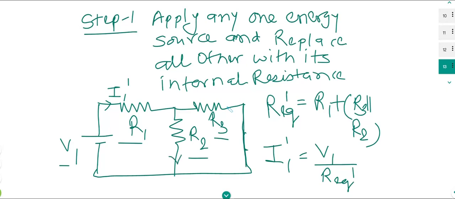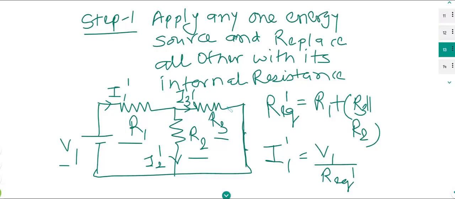Now you can find I2 dash and I3 dash. How can you find I2 dash? By using the current dividing rule. I2 dash is equal to the total current, I1 dash, multiplied by the resistance of the opposite branch.